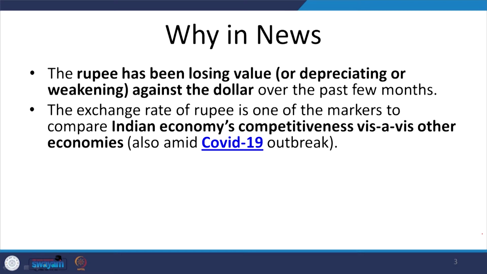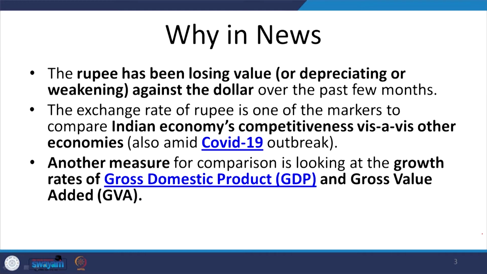Now, it is interesting to know how the funds are allocated for development of the sectors which have been wrecked, and how countries are trying to balance their macroeconomic front, but somehow it has come into the picture that our rupee is weakening, and it is a major matter of concern. Another measure to compare is looking at the growth rates of our GDP.